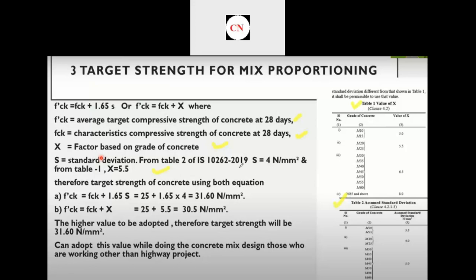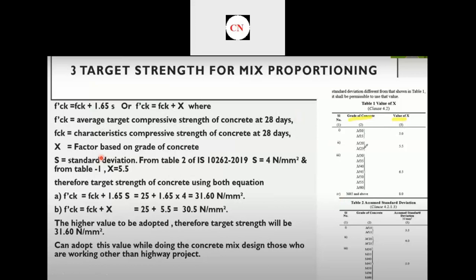So now we will check what the values of S and X are as per the given condition. We will compare with the standard conditions given in table 1 and table 2 respectively, and work out the values of X and S. This is table 1, where the first column is the grade of concrete, and the second column is the value of X to be taken.